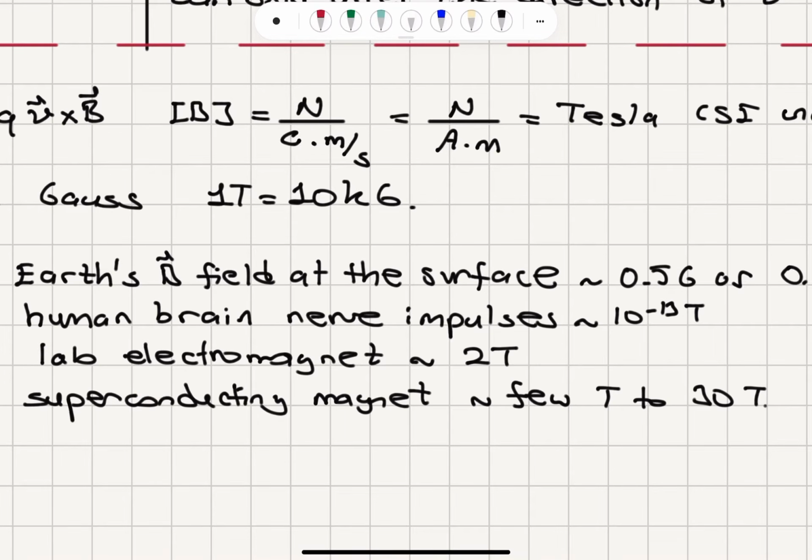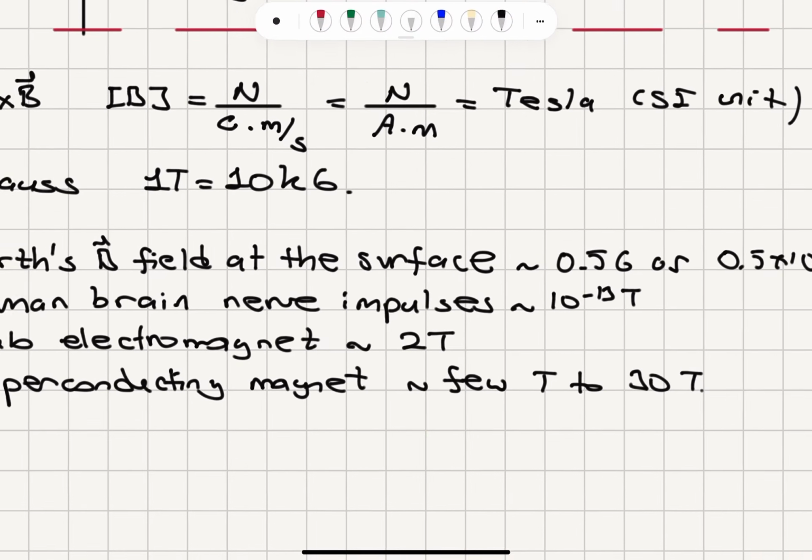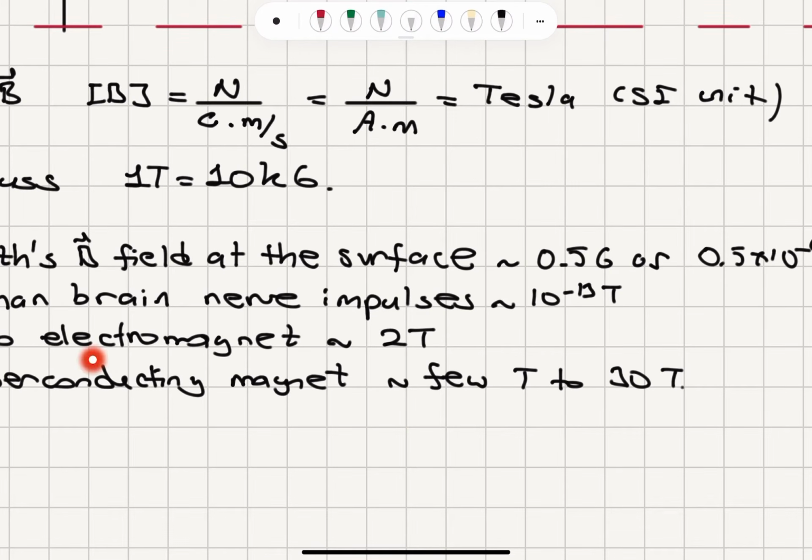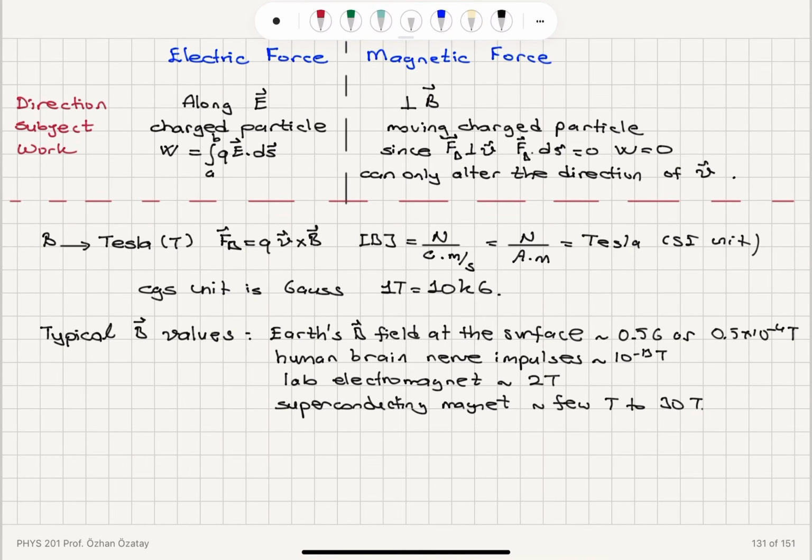A lab electromagnet, which has a copper coil around an iron core, creates a magnetic field of about 2 Tesla. That's a typical magnetic field we can reach in the laboratory. A superconducting magnet can carry much higher current densities than a regular electromagnet, so it can have a magnetic field from a few Tesla to 30 Tesla. So these are the values we can obtain.